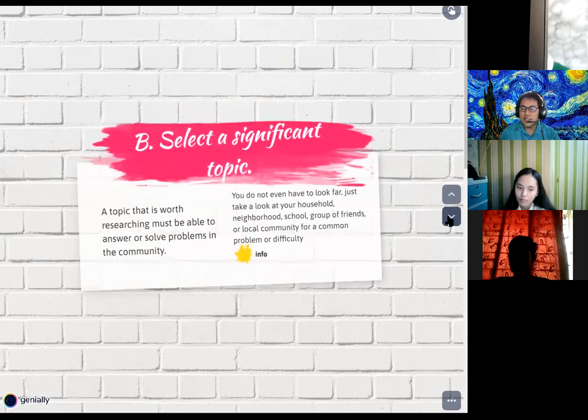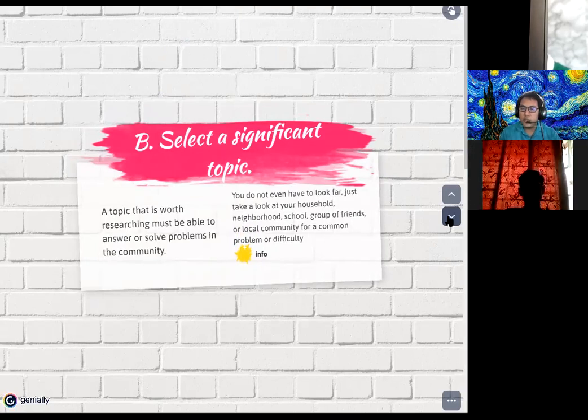Next, select a significant topic. So under pa rin tayo ng choosing a broad topic. Okay, so select a significant topic or an important topic. Okay, bakit? Ano ba dapat ang topic? Okay, so your topic that is worth researching. Sabi, your topic must be worth researching. Okay, so a topic that is worth researching must be able to answer or solve problems in the community.